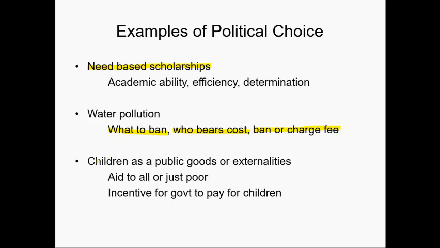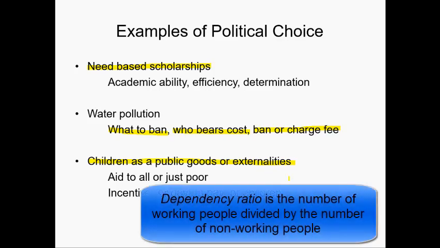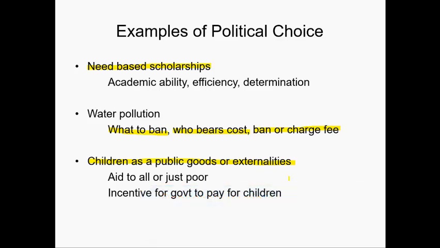The book also talks about considering children as public goods. In some societies, such as Japan, Russia, and Italy, they have a negative population growth. And we've talked about if your population is in the negative growth phase, then your dependency ratio is going to get smaller, and you're going to have some pretty critical economic factors where you're going to have fewer people that are working that have to pay for more people that aren't working.